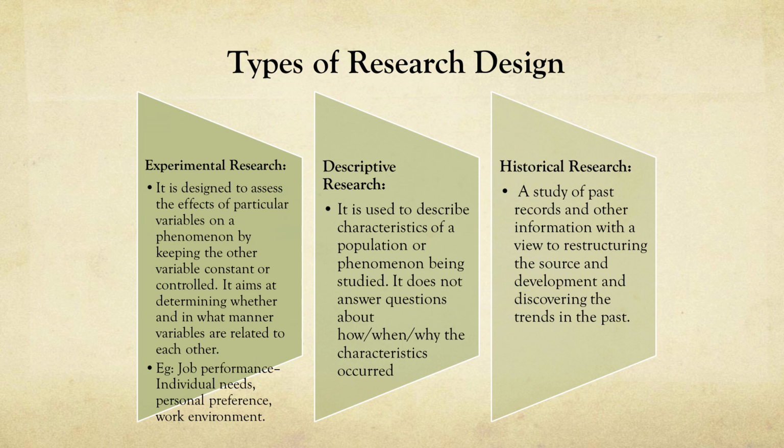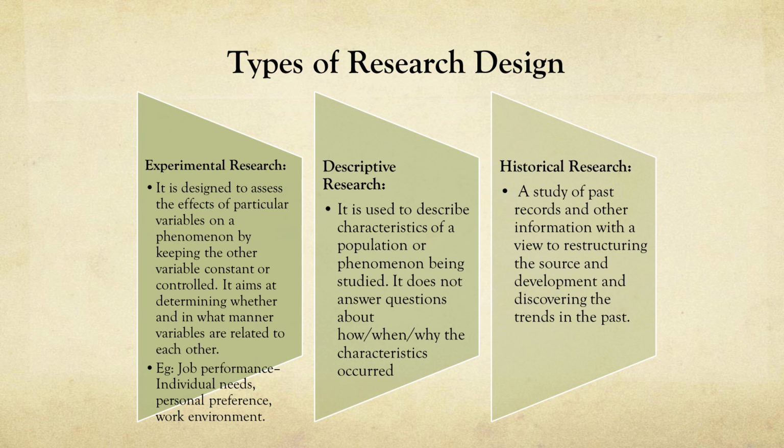Now, descriptive research can be done in various ways: by survey, by observation studies, or by secondary data. The surveys, observation studies and secondary data will be further discussed in different modules.